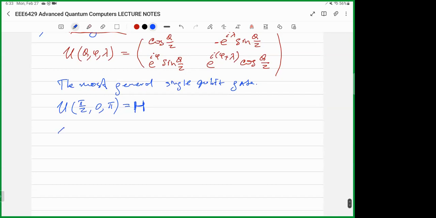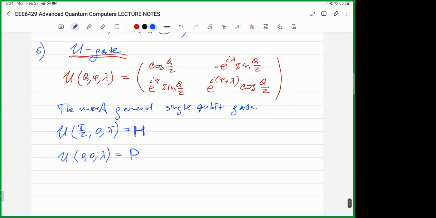Or if my theta and phi are equal to 0 and lambda is arbitrary, this gives me the phase gate P.